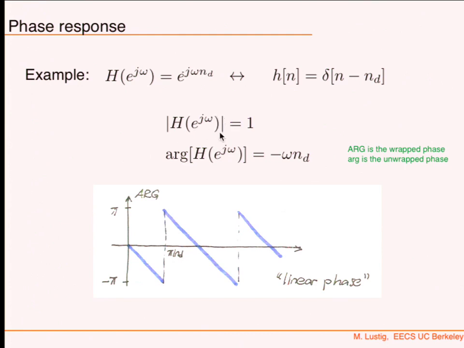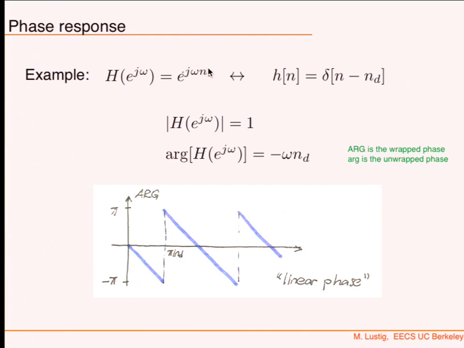So the magnitude is 1. And if you look at the argument, or what is really the phase, the terminology we're going to use is, when I use small letters, then this is really the unwrapped phase. And when I use capital letters, it is the wrapped phase, because phase is only defined between minus pi and pi. But that function, ω n_d, is actually a continuous function.